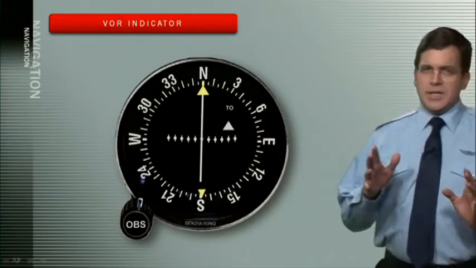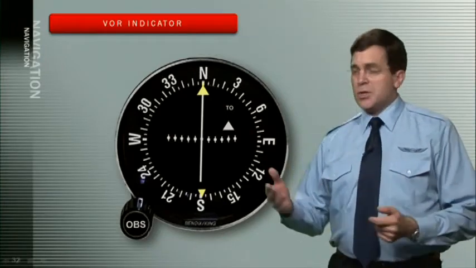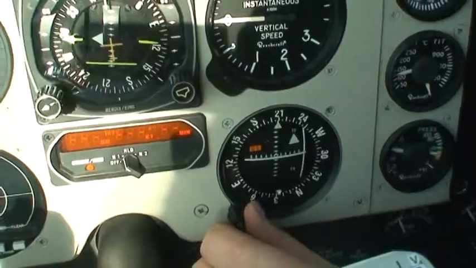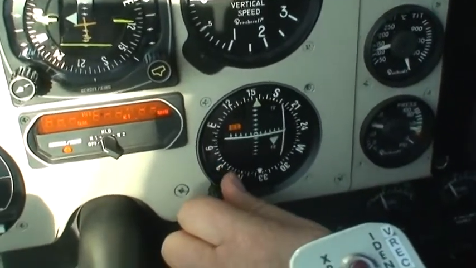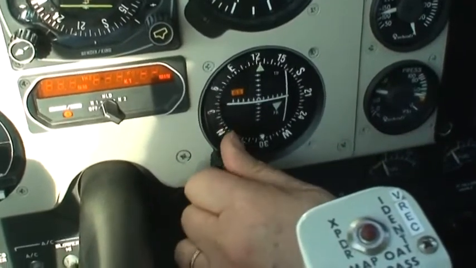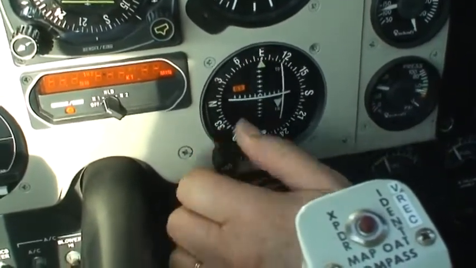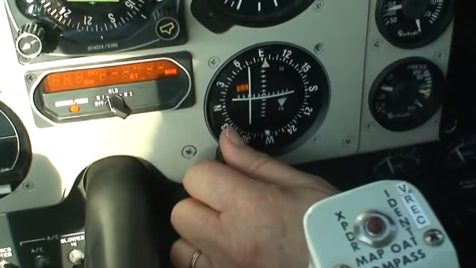VOR indicator instruments have at least the essential components shown in this instrument. The desired course is selected by turning the omni-bearing selector, or OBS knob, until the course is aligned with the course index mark or displayed in the course window.